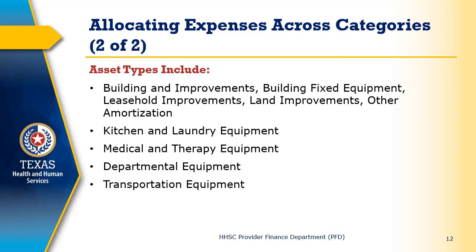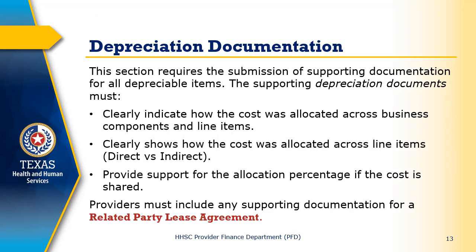Other expense categories, such as amortization and rent/lease costs for both buildings and equipment, play a vital role in understanding cash flow and long-term commitments. Finally, expenses related to specialized equipment such as kitchen and laundry equipment, medical and therapy equipment, and transportation equipment should also be meticulously allocated.